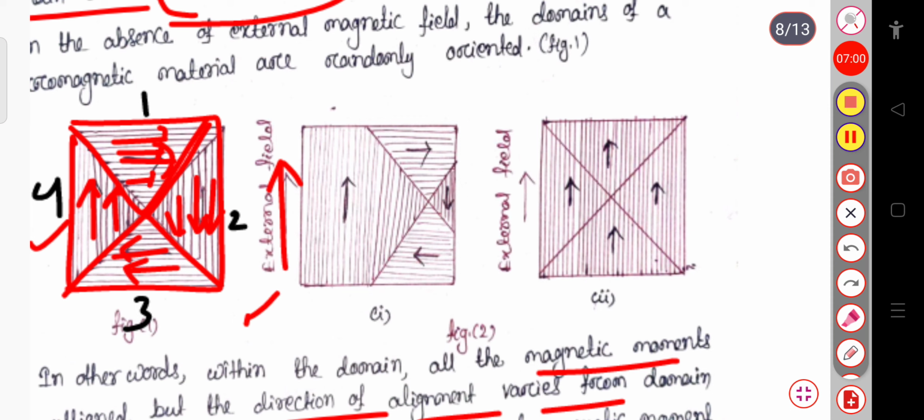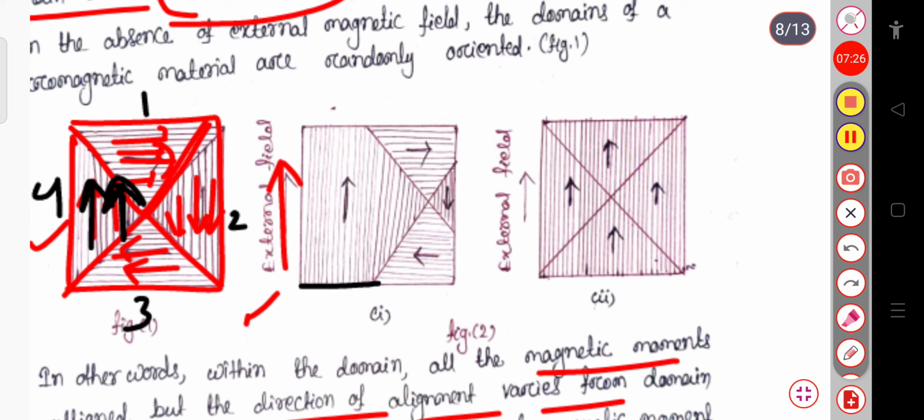Only in the fourth domain is the alignment in the same direction as the external field, so this domain, getting this external magnetic field, will get stronger and larger in size.